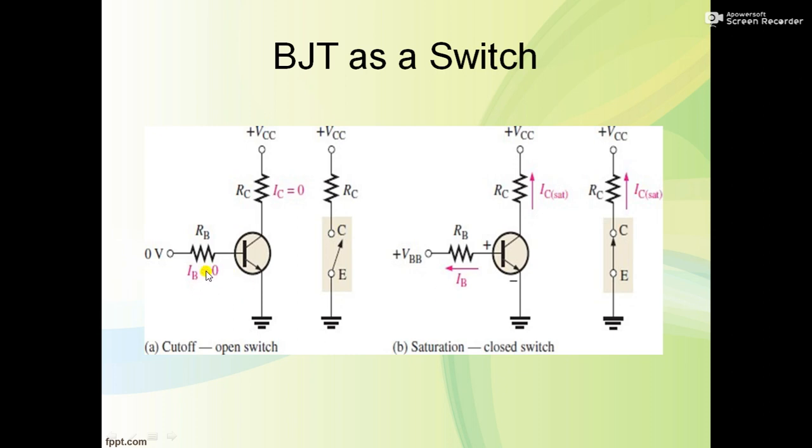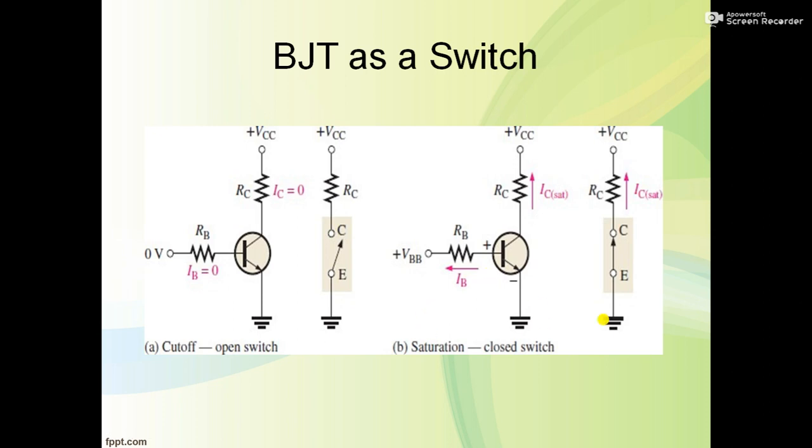Before, in this circuit, the EB junction was reverse biased. So now with the help of this plus VBB, I am going to make the EB junction forward biased.